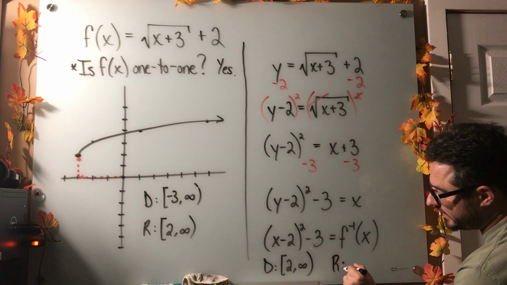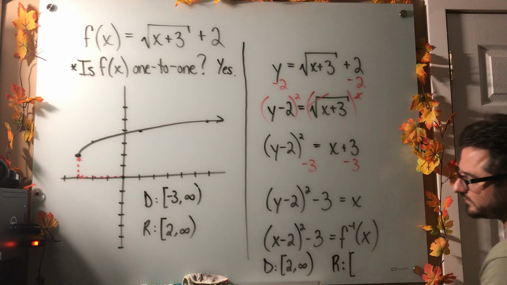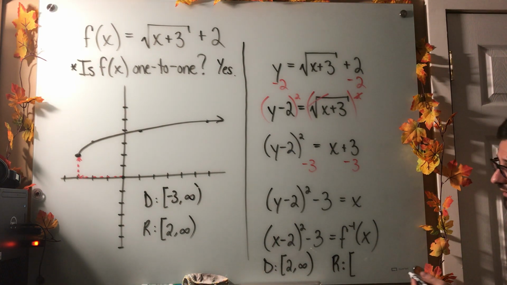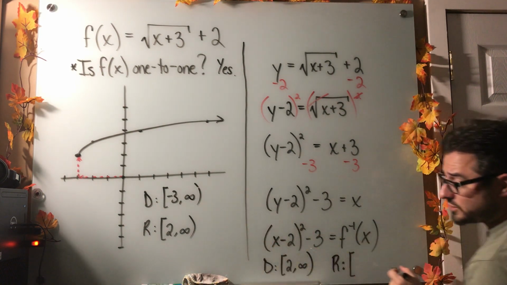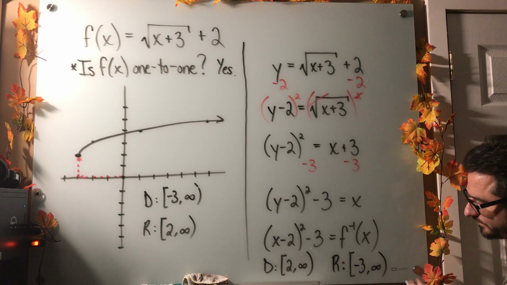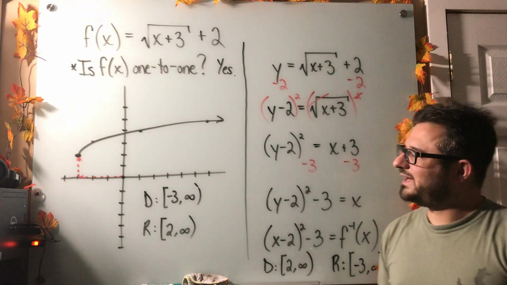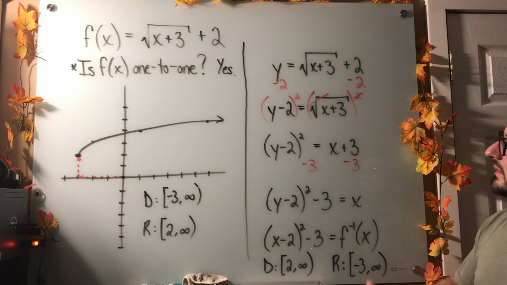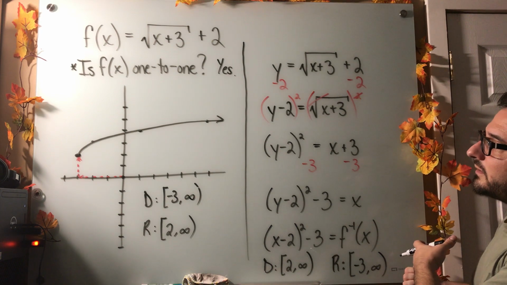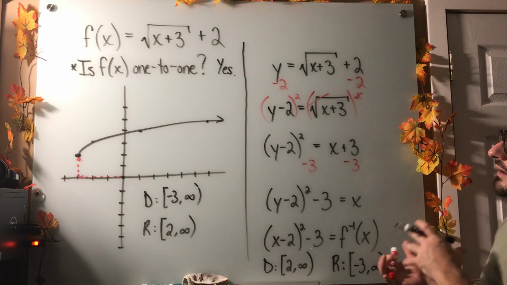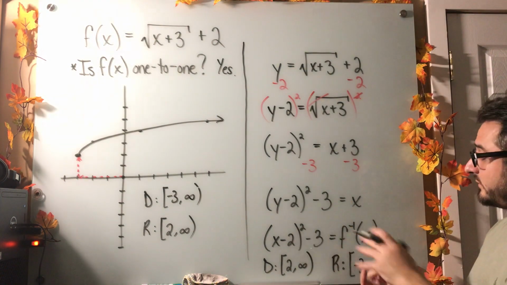Likewise, the range of this function, now this one would make a little bit more sense if we graphed it. The range should be negative 3 to infinity, from the domain of the original. So that's kind of the important thing here, is that we have to remember that between a square, in a quadratic, and a square root function, there has to be a relationship that goes both directions.